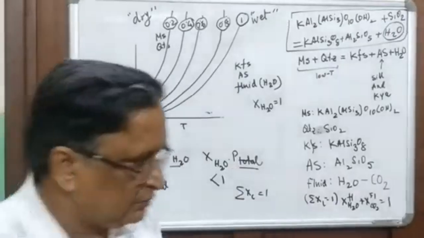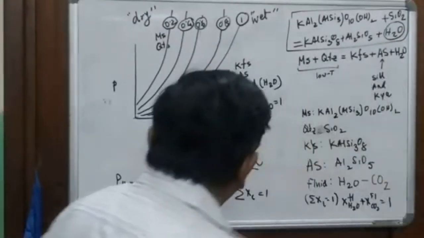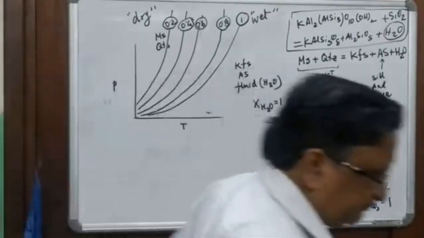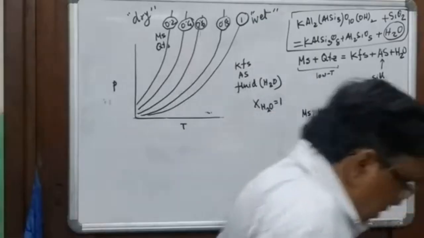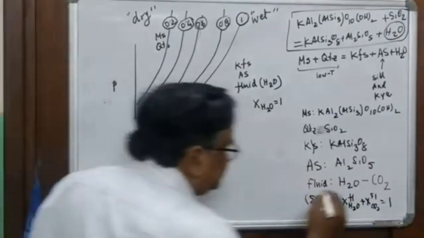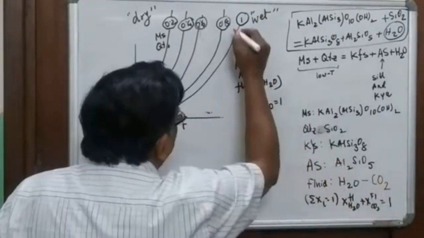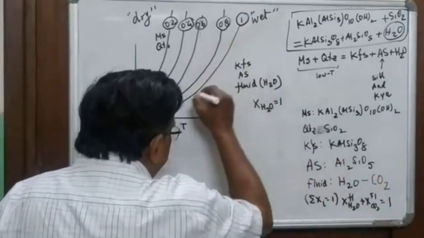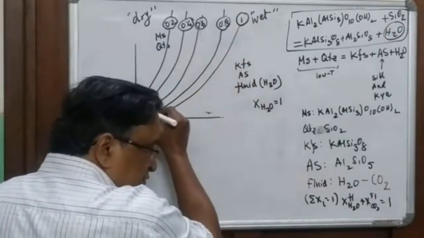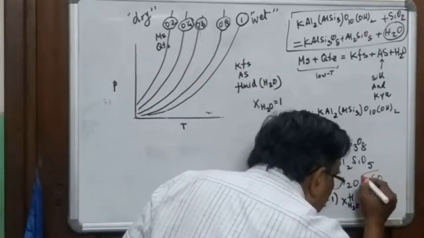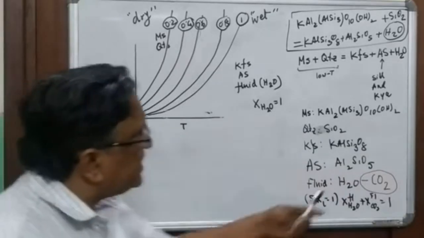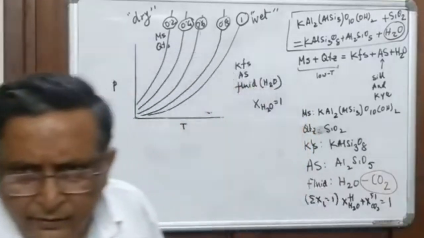Right? So now, we go into a domain which requires a bit of understanding. I take this graph, and I will first assume that XH2O is equal to 1. That means for the moment I am ignoring this, because XH2O is equal to 1 and CO2 has no role to play.